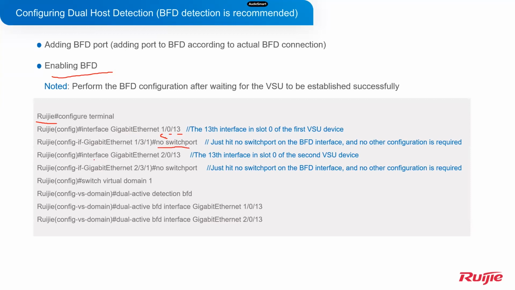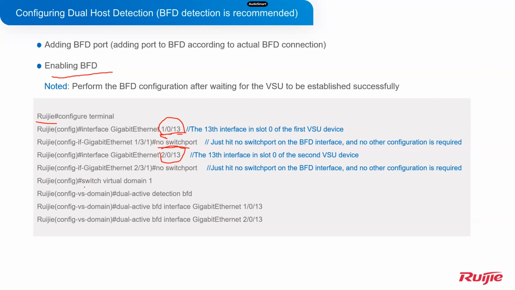And if you have multiple interfaces to provide the BFD function, you can also enter another interface. This is the interface of switch 1, right? And this is the interface of switch 2, because we have one link to connect with 2 switches. And this BFD interface should provide layer 3 function.